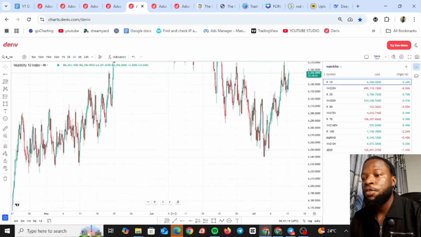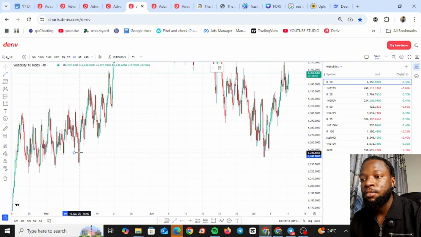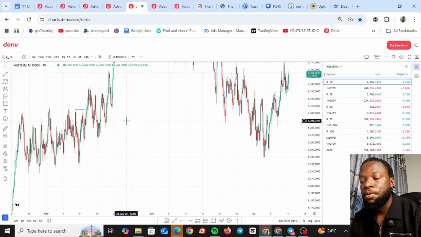First of all, we have our sweep of liquidity. Secondly, we have price giving us our first break of structure, which is this. Thirdly, what did price do?